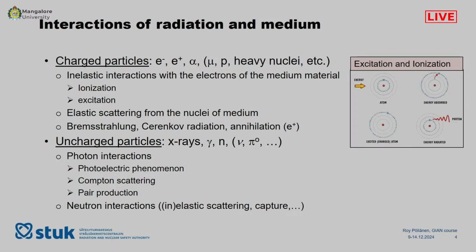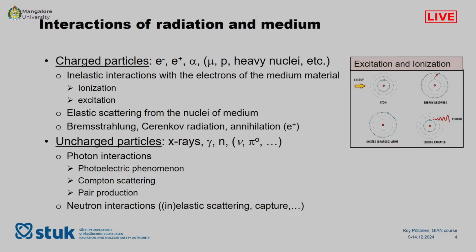So there is an ionization process and an excitation process. Of course, elastic scattering from the nuclei of the medium can happen. And then there are some other phenomena like Bremsstrahlung, Cherenkov radiation, annihilation radiation, these kinds of things.